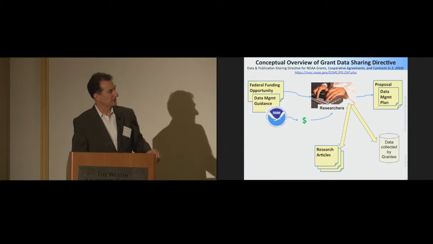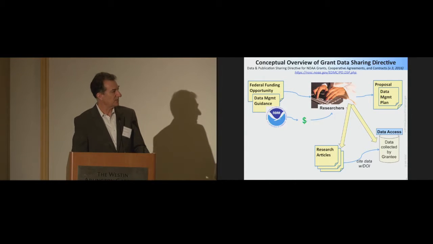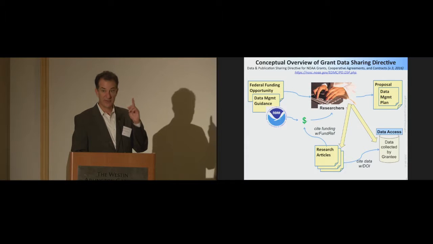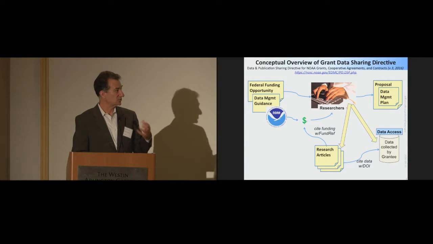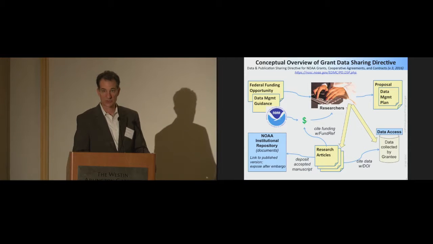That's great, just as it always was, but what we're asking you to do, of course, is make your data accessible somehow, cite your data with a digital object identifier if you write a paper about it, and cite the funding with FundRef, which is an interoperable method of reporting funding. Then submit your accepted manuscript into our institutional repository of documents.